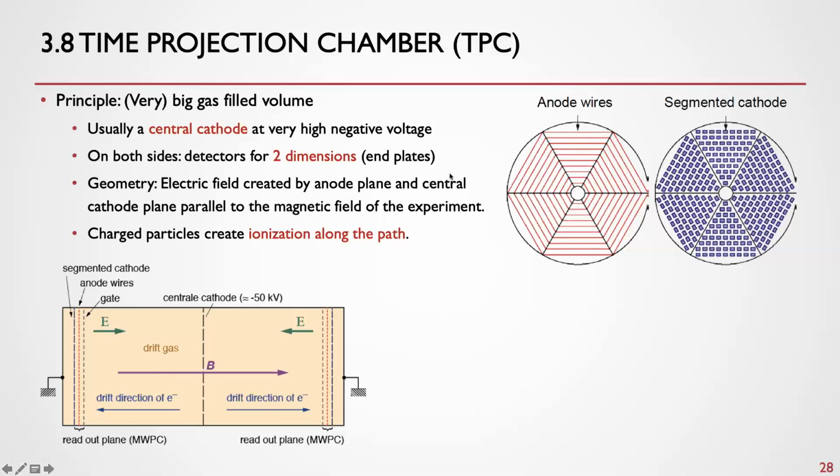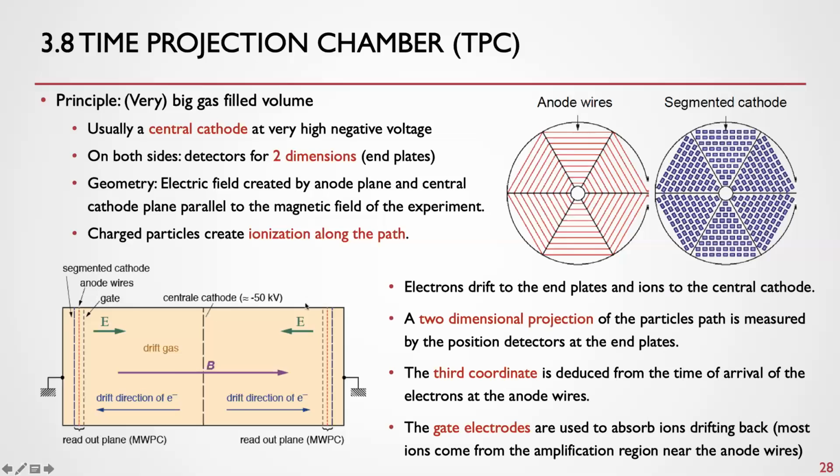At the readout plane, we have anode wires and cathodes. At the anode wires, this ionization signal will trace out a projection of the spiral in the 2D plane, and by measuring the timing of the amplified signal at the wires and at the cathodes, we can, from the timing information together with the two-dimensional information, fully reconstruct the three-dimensional event.